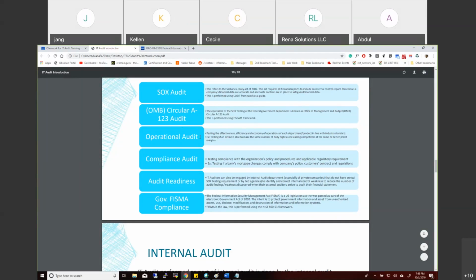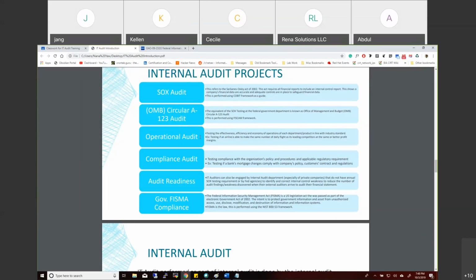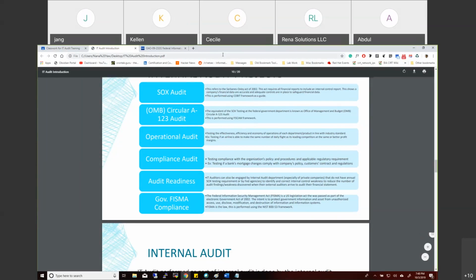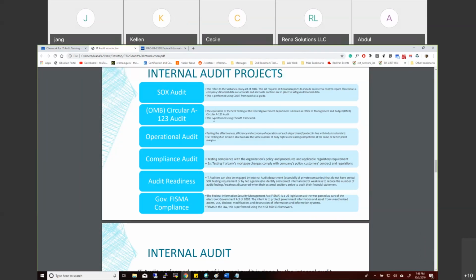The next project that we want to talk about is the operational project. Operational audit focuses more on how the business is operating, how they're able to meet their business objective. It looks at the efficiency and effectiveness of how they're executing their business. Meaning, if their business objective is to sell loans or sell car insurance, you're looking at, are they actually able to sell those car insurance?